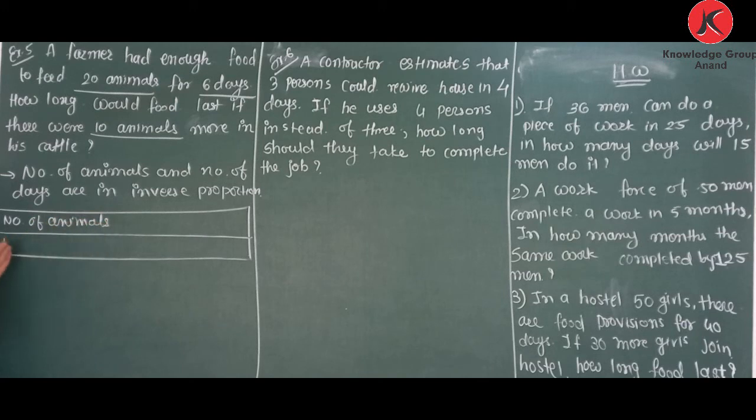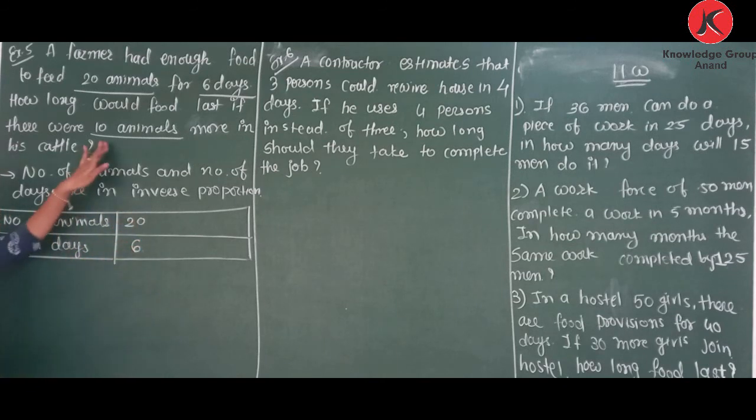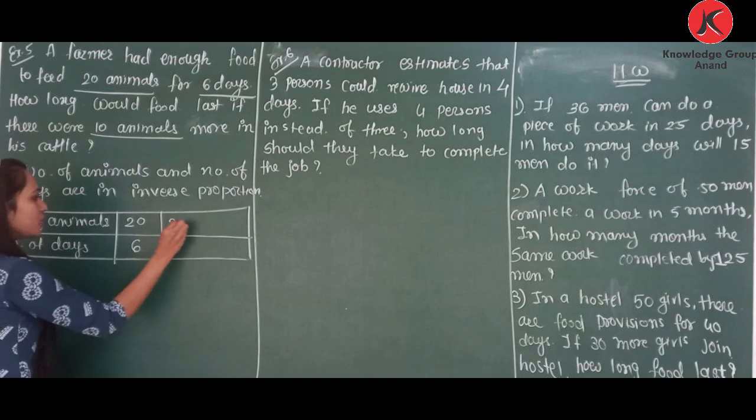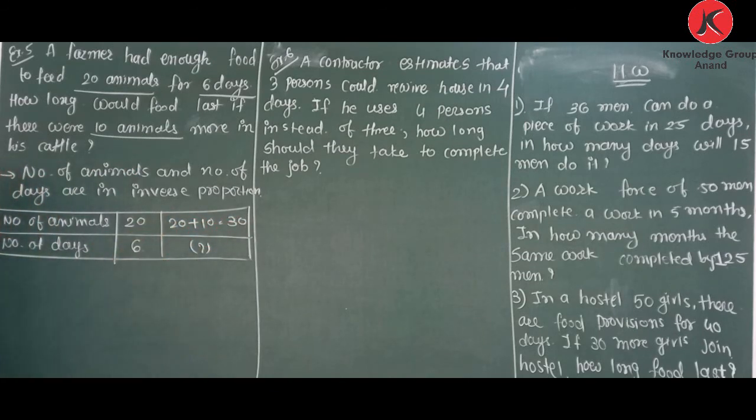Number of animals, number of days. When 20 animals are there, food will last for 6 days. When 10 more added, it means 20 plus 10. So when it is 30, for how many days food will last? So this will be our x1 y1 and this will be our x2 y2.